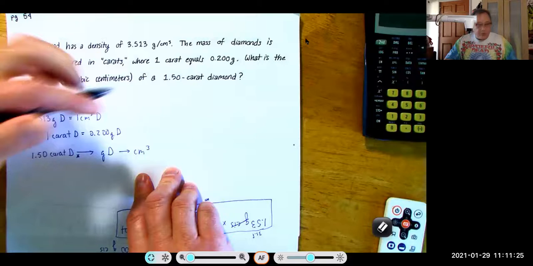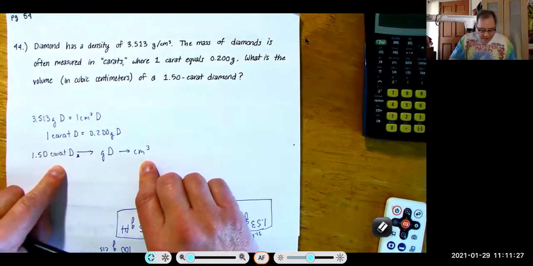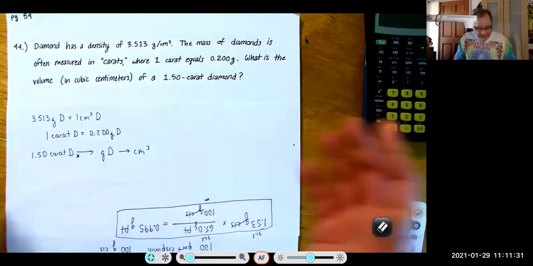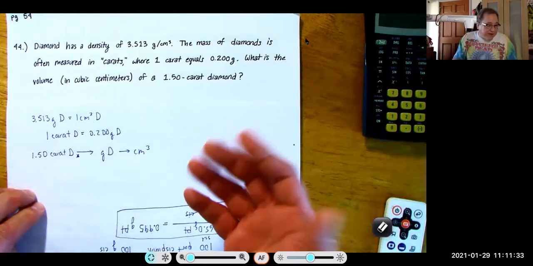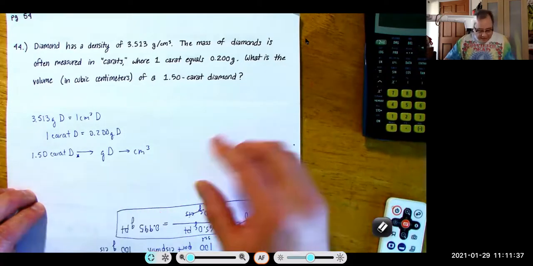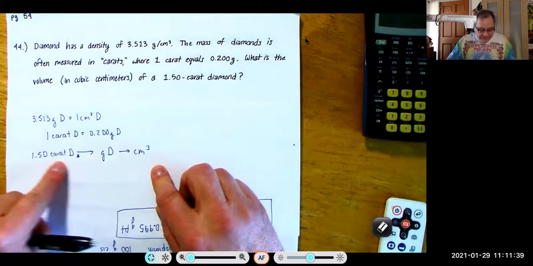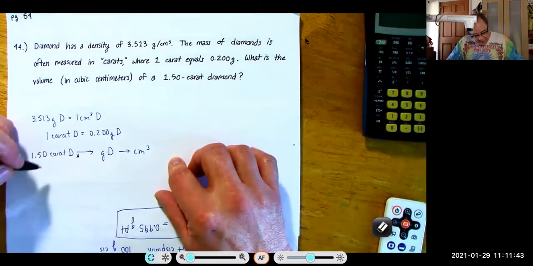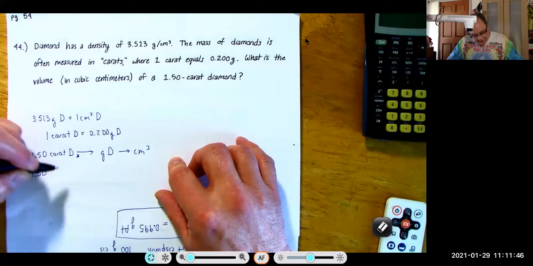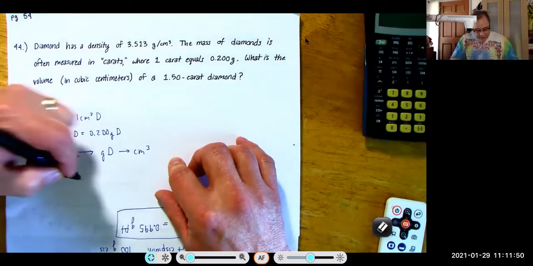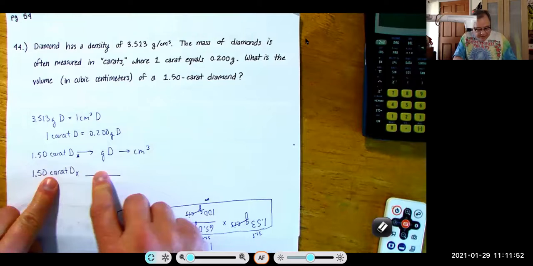And you'll notice in a lot of these problems, I'm writing out a little roadmap of how I'm going to convert things. And I've already told you I'm not going to ask for that on the exam, but it's so helpful. And this took me less than a minute to do. So now I know that I'm going to start off with 1.50 carats of diamond, and I'm going to use the conversion that has grams of diamond and carats of diamond. Here it is.